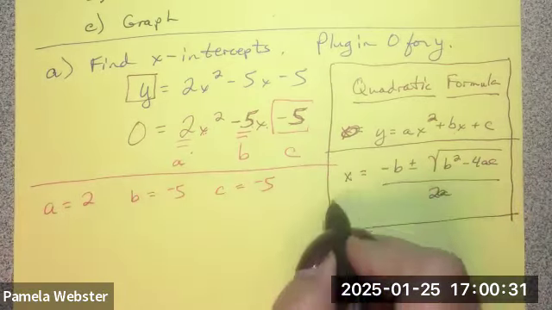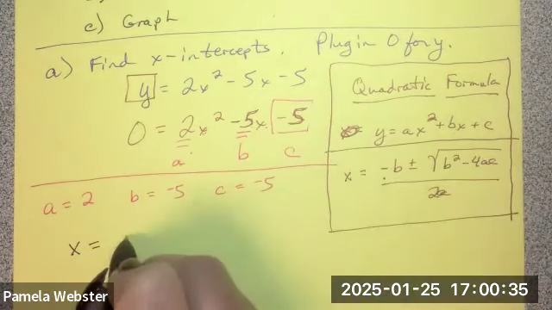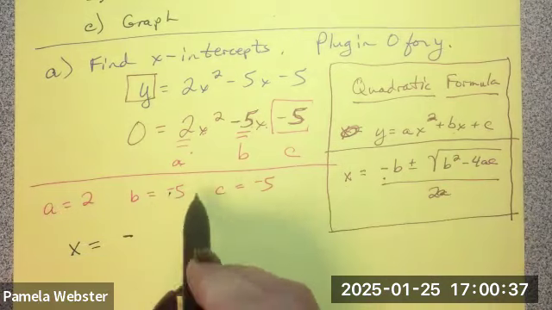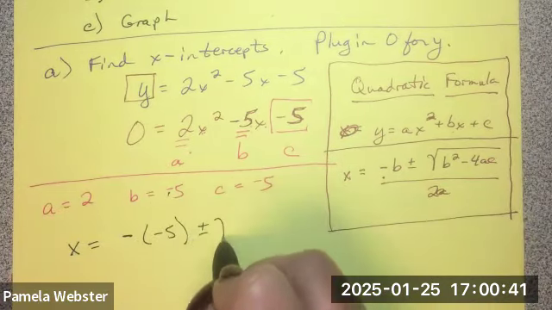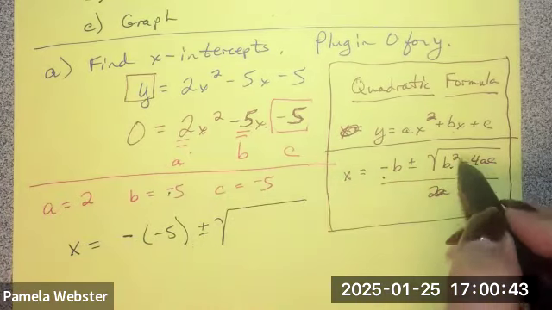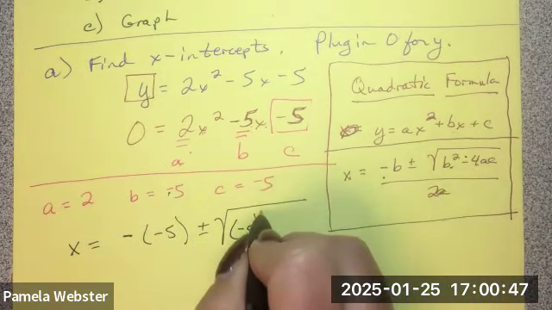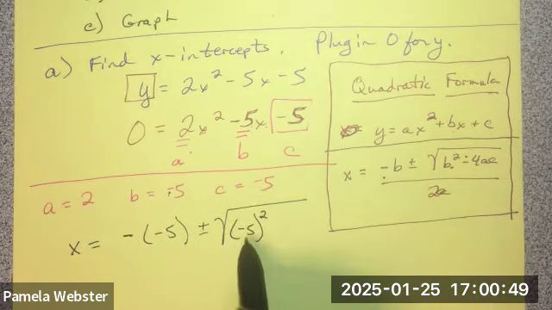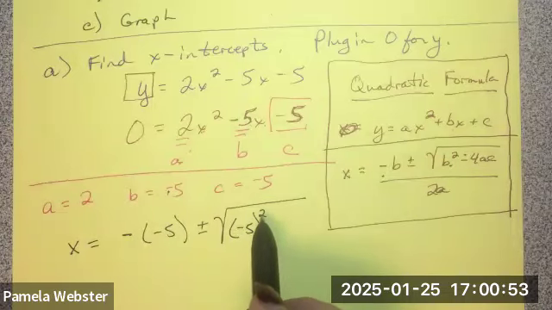Using the quadratic formula, x equals negative, and the b is -5, plus or minus the square root of b squared. Be careful because it's the entire b squared, so you might want to put parentheses. There's a difference between -5 in parentheses squared and just -5 squared.